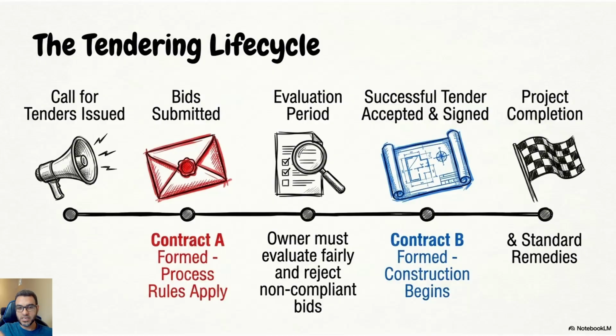Then the evaluation period takes place, including all the discussions, negotiations and post-bid clarifications between the client and the different vendors. Then the owner or the client signs an agreement with the selected vendor, and at that moment, Contract B comes into effect. And that was a brief about the Contract A, Contract B concept.